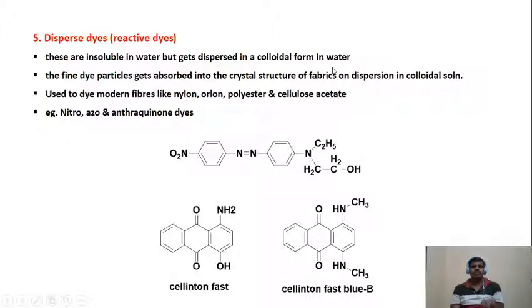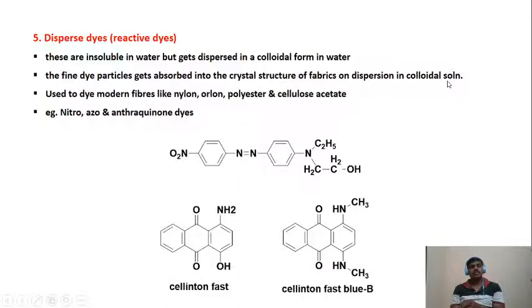Now the fine dye particles get absorbed into the crystal structure of the fiber. The fiber should have a crystal structure. This colloidal form gets absorbed by the crystal structure of the fibers.